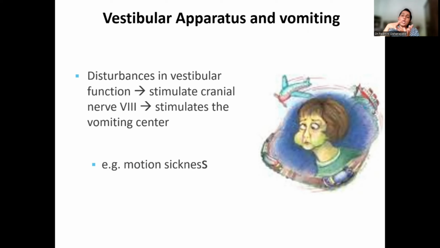If you have any disturbance in your vestibular apparatus, that stimulates the vestibulocochlear nerve, the eighth cranial nerve. So it stimulates the vomiting center, which will lead to motion sickness.